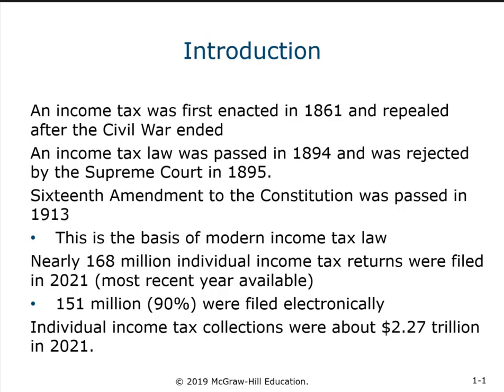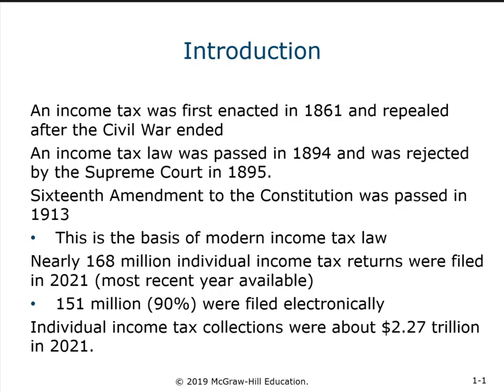It started off at a very small amount, very low rates, and only applied to the wealthy when it began. It is now much more robust and affects a whole lot more people. As you can see, in 2021, the most recent year available, it takes a couple of years for the IRS to release the statistics of income, is what they call it.